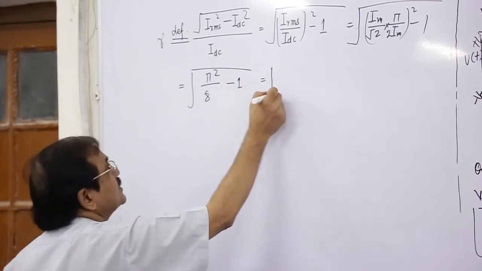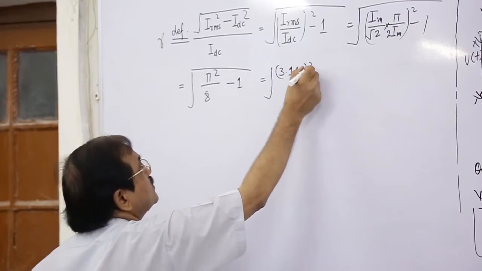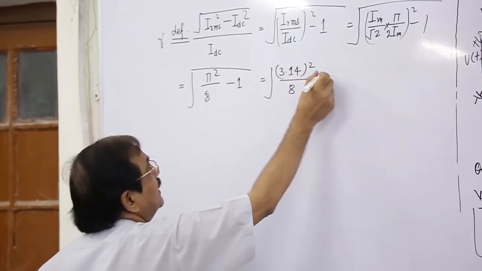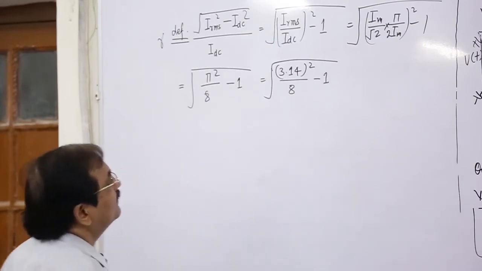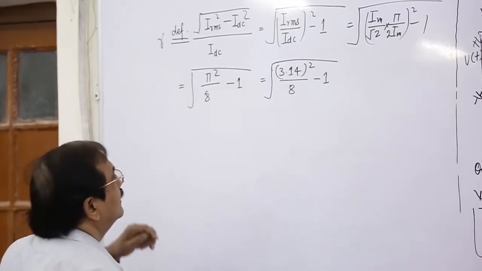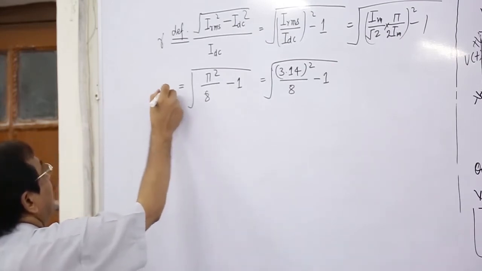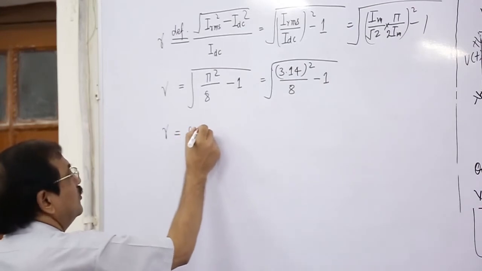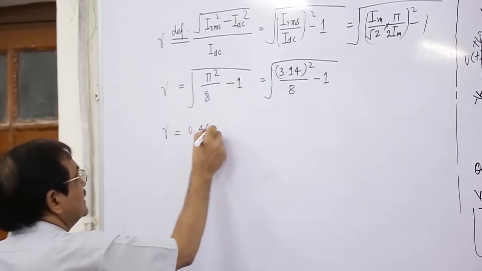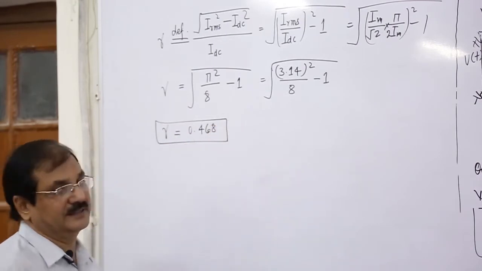So, pi is 3.14, whole square upon 8, minus 1. So, the ripple factor obtained in this case is 0.468.